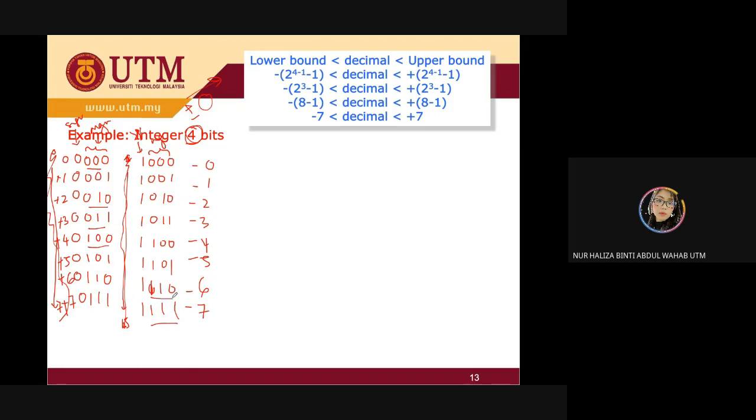This is your value, this is your magnitude, and this is your sign. That's why when you combine it together, you have -7, -6, -5, -4, -3, -2, -1, 0, 1, 2, 3, 4 until +7. This is your range. That's why you get this.